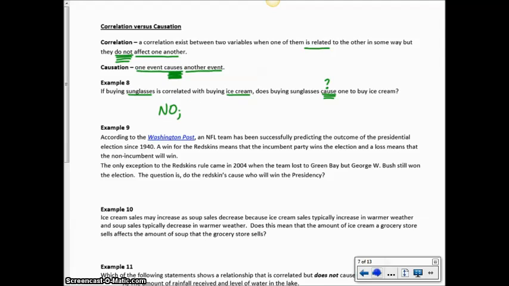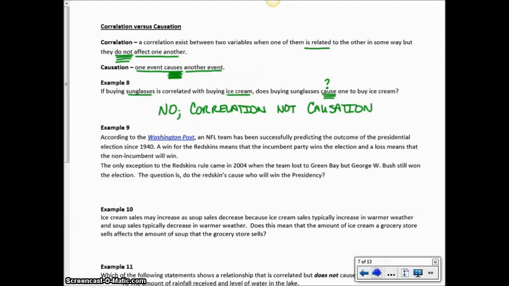It's a correlation. Not causation. Okay, so just because I buy sunglasses does not mean that I have to buy ice cream.